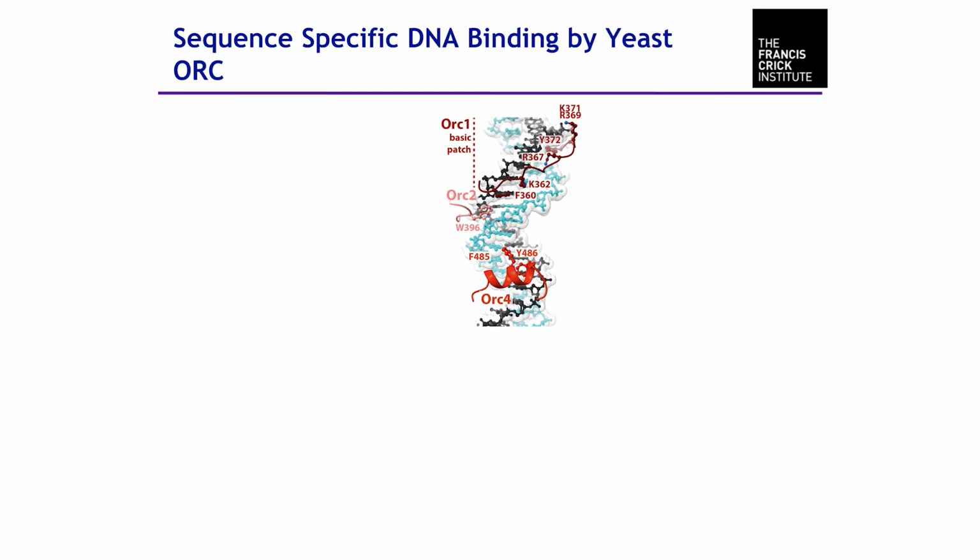I've not put any of the other structure here, but you can see there's very specifically this alpha helix of ORC4 that sits in the major groove and makes many of the main contacts in that ACS element. And then there are 2 other elements, the ORC1 basic patch and a little bit of ORC2, that make specific base contacts. This is how yeast ORC binds specifically to DNA.